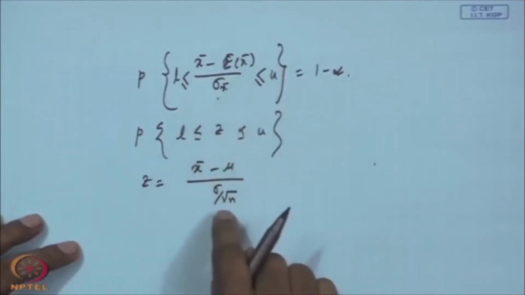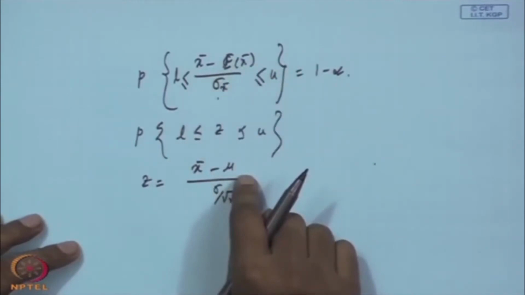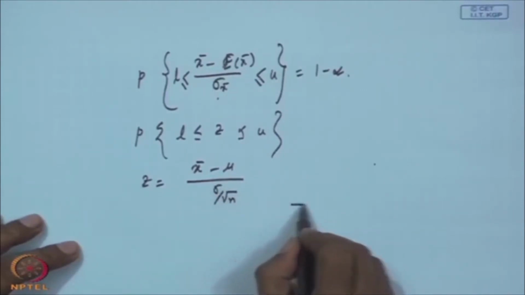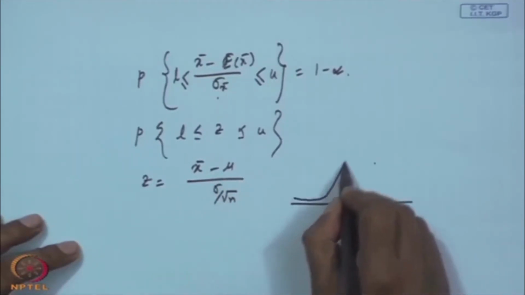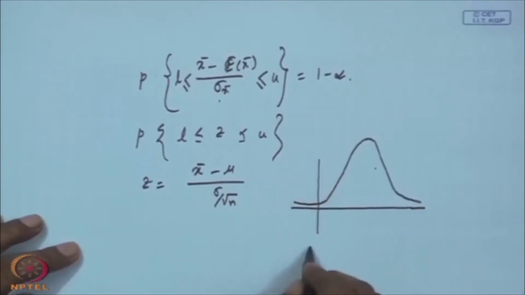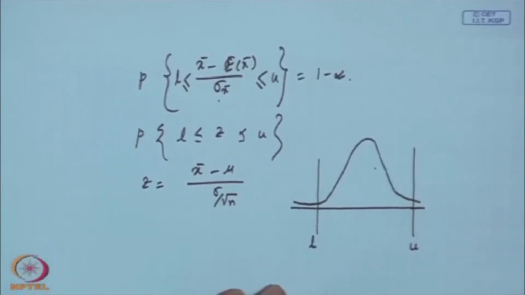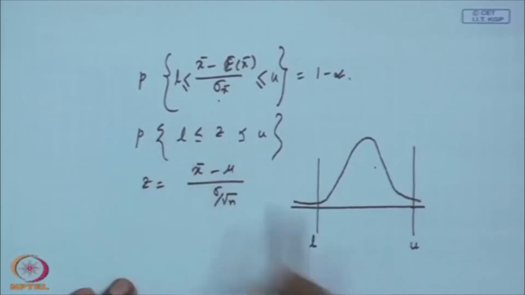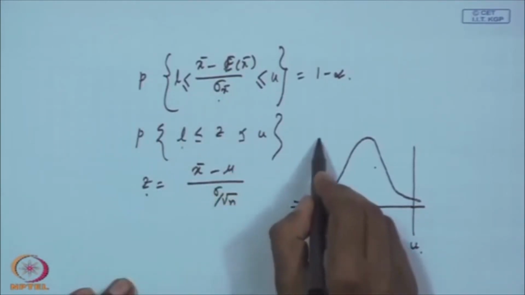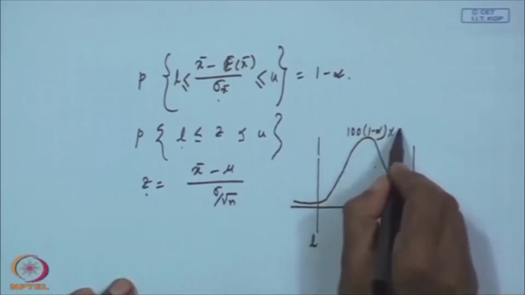So, sigma x bar is sigma by root n, as we have seen in the last class, and expected value of x bar is mu. Essentially, this is the unit normal distribution, with a lower value L and an upper value U, and the probability that this Z value lies between L and U is the confidence interval, which is the 100 into 1 minus alpha percent CI.